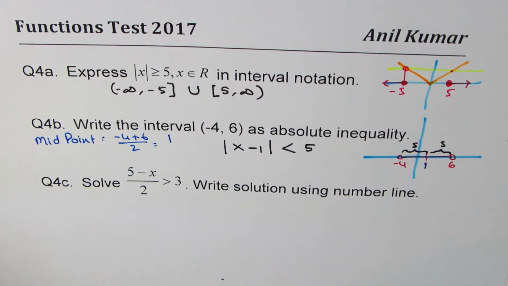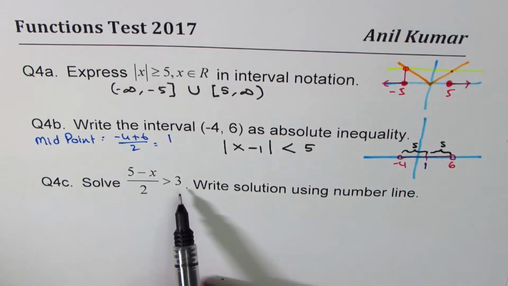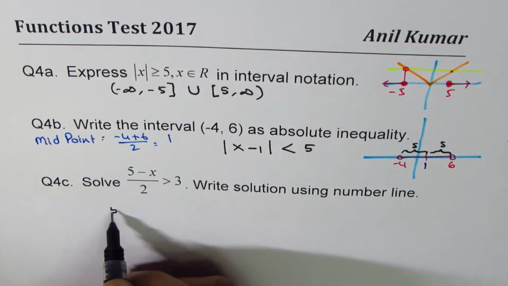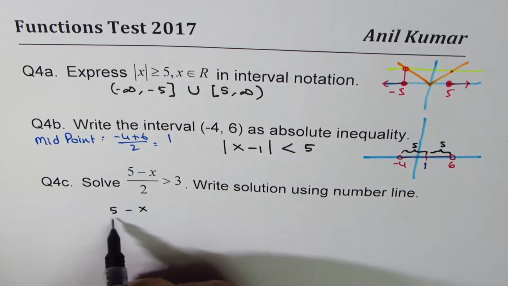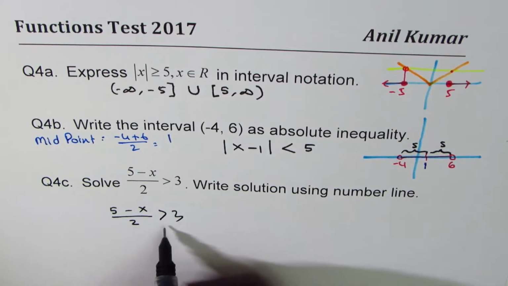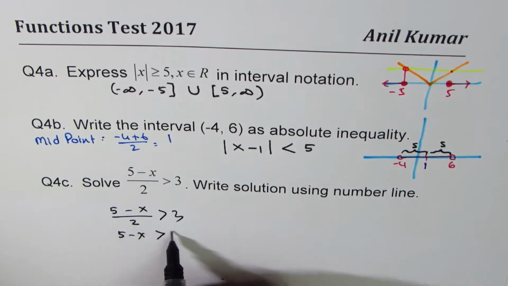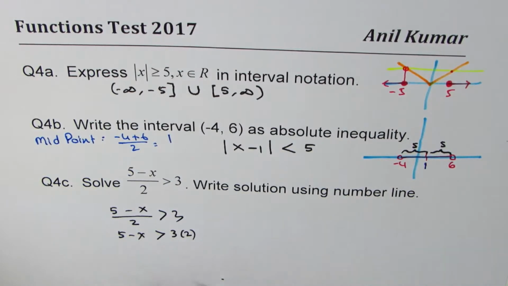Let's look into part C, which is solve 5 minus x over 2 greater than 3. Okay, let's follow these simple steps. So, cross multiply: 5 minus x is greater than 3 times 2, which is 6. Or we can say, bring 6 to the left side, 5 minus 6 is greater than x, or -1 greater than x.